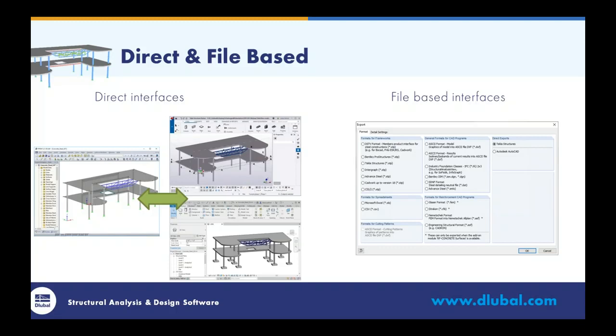So this allows us to define the exchange according to our expectations, of course with the limitations of the APIs. That also requires that both programs have to be installed on the same PC. So you need to have Tekla or Revit and RFEM on the same PC to use these interfaces.